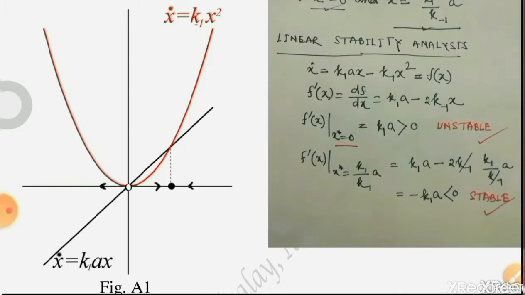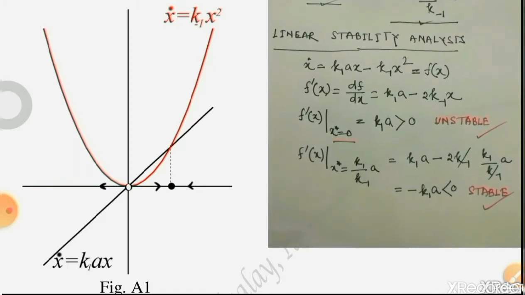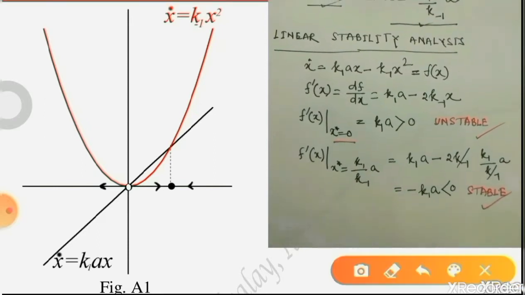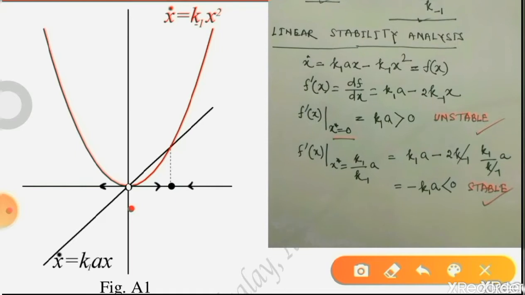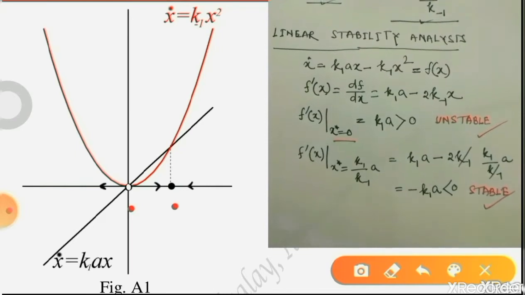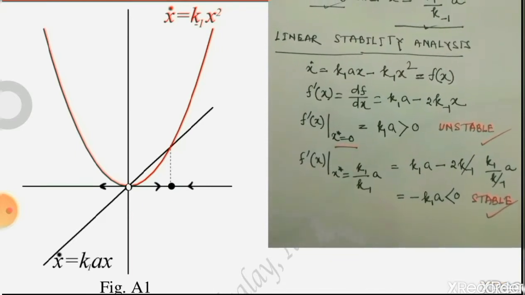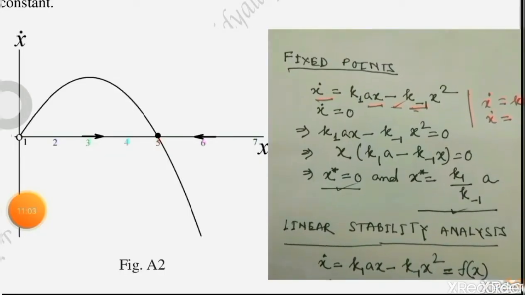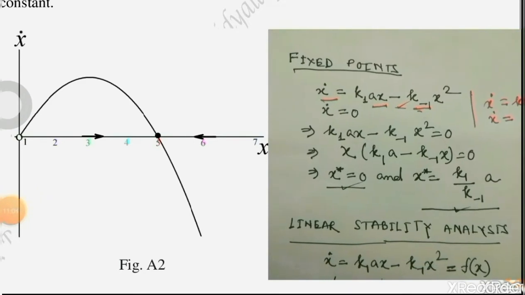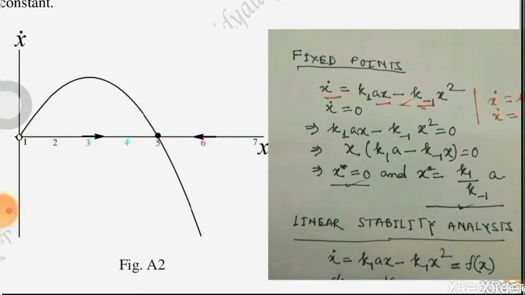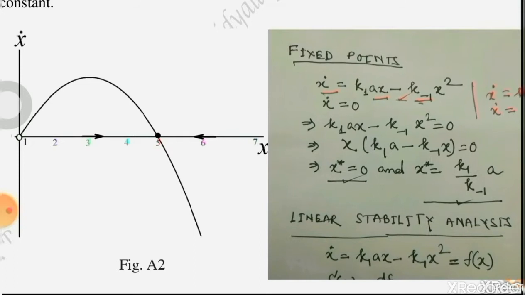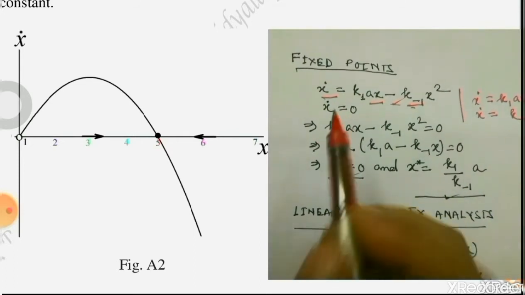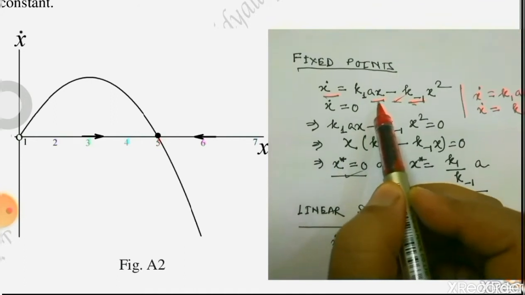Okay, and here we have again marked an unstable fixed point by an open bubble and a stable fixed point by a solid dark point. Now, this is the phase diagram where x dot versus x is plotted. This graph is simply the difference of the straight line and the parabola.